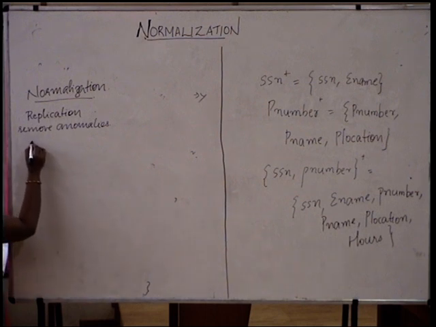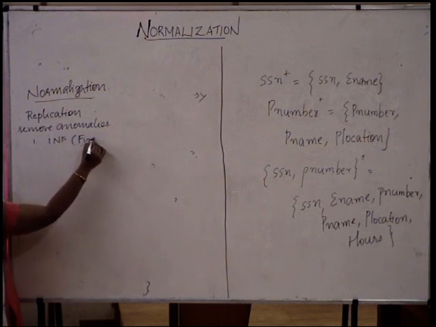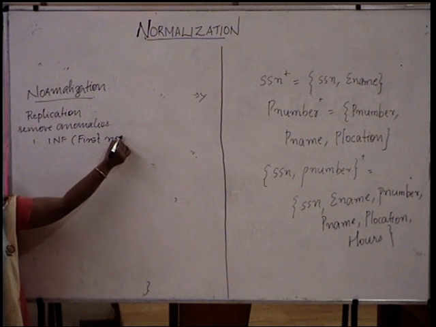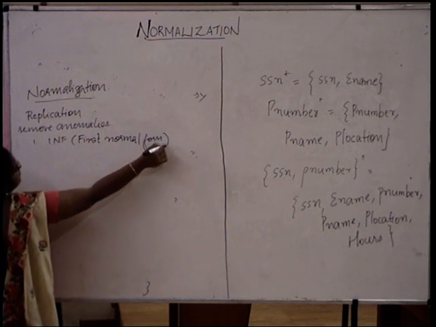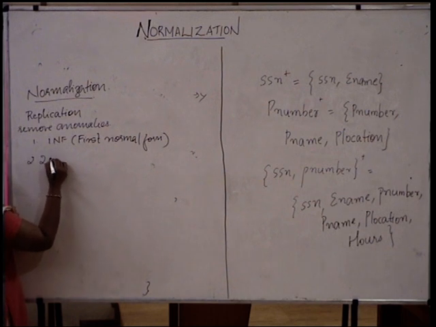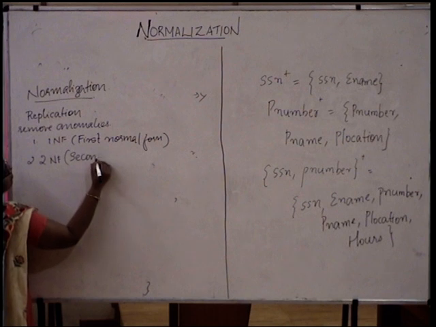For that, different normal forms are there. The first one is 1NF, that is the first normal form. Second one is 2NF, that is second normal form.